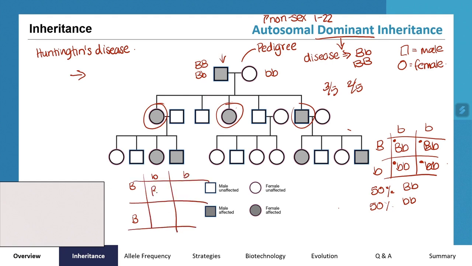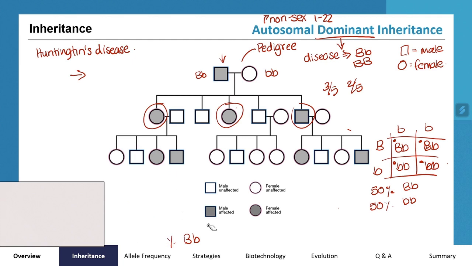Every single offspring would be capital B little b, capital B little b, capital B little b, or capital B little b. 100% affected. But that is not equal to the actual pedigree chart ratios. So therefore, we can say that the father is indeed heterozygous and not homozygous. And that is an example of how you use Punnett squares to figure out genotypes.